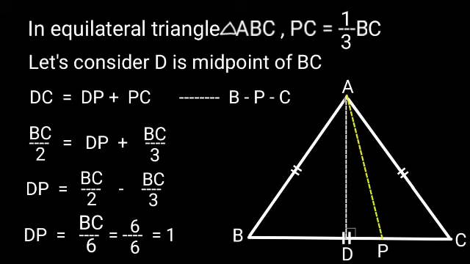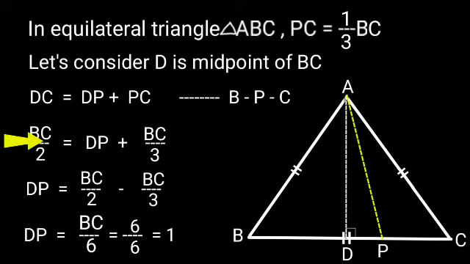Then DC is equal to DP plus PC, because we are given that point P is between point B and C. DC is nothing but 1/2 of the BC, because D is a midpoint.